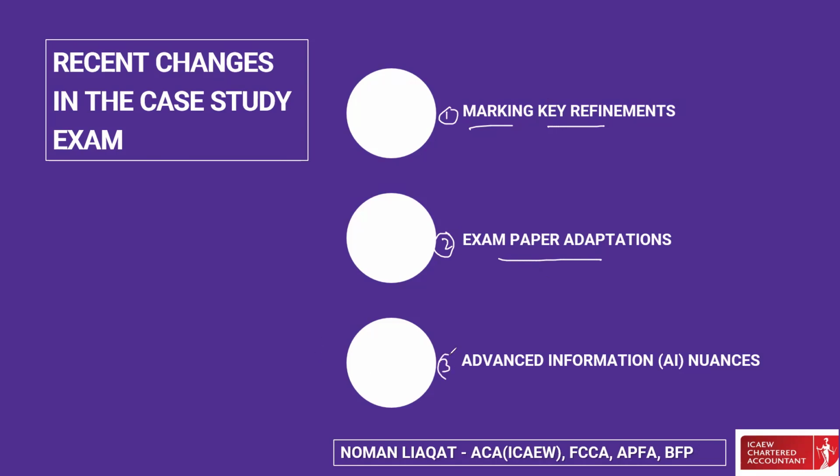Third, advanced information. There are a lot of changes in advanced information as well. The examiner goes for different styles, different types of information, processes, recent articles, issues, exhibits. So there are a lot of areas in advanced information.